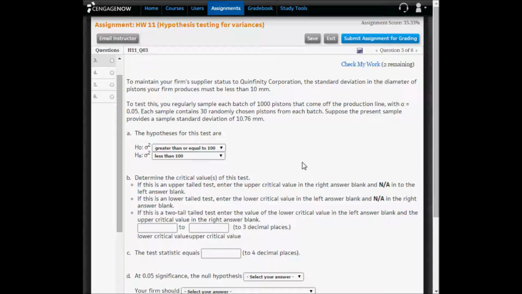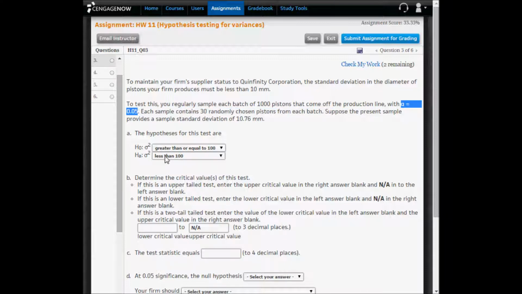This is a lower tail test, and down here in B, if this is a lower tail test, you want to put NA in the right answer blank. The significance level is 0.05.